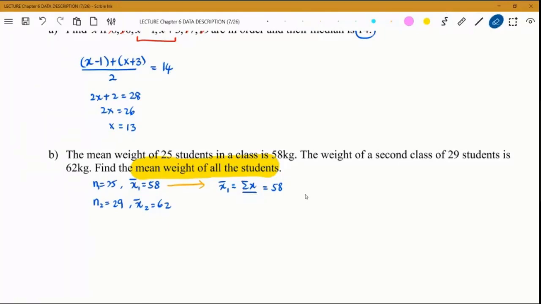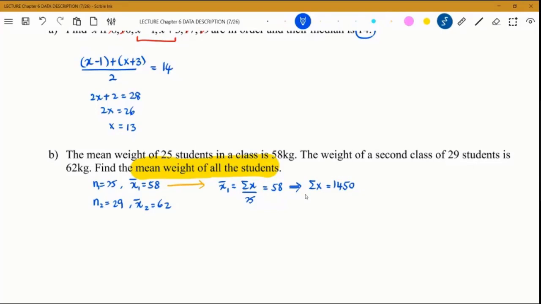So you can put 25 here. So from here, can we have it summation X? Berapa summation X kita? Kita akan dapat 1450. Okay, 1450. Okay, so that one for the weight of the 25 students.